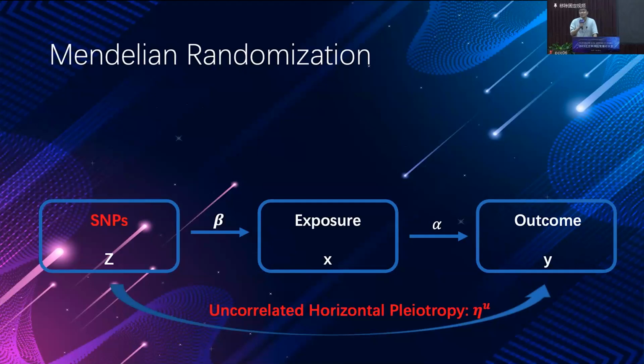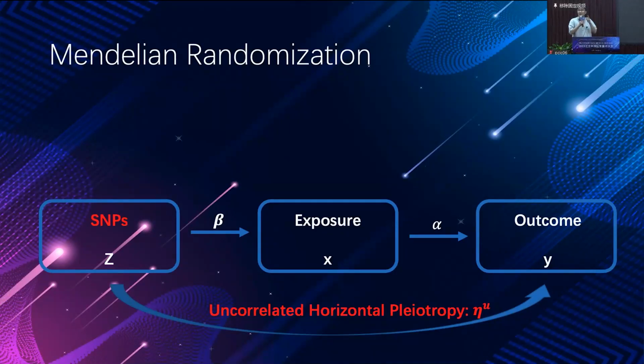Another issue that makes MR complicated is the two types of pleiotropy. Those are SNPs that can affect the outcome not through the exposure. If the effect size of SNPs on the exposure and the effect size of SNPs on the outcome are not correlated, we call it uncorrelated horizontal pleiotropy.